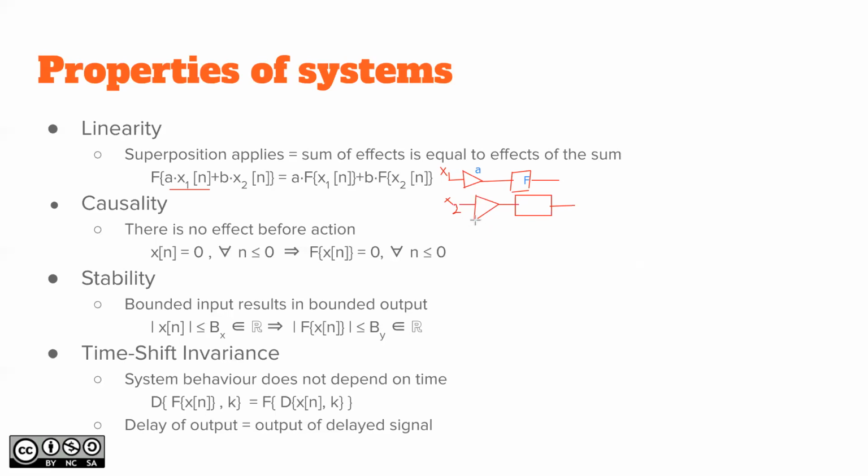That's amplification B for X2, same F, and drawing a circle here. Okay, good. Then we sum those outputs together.